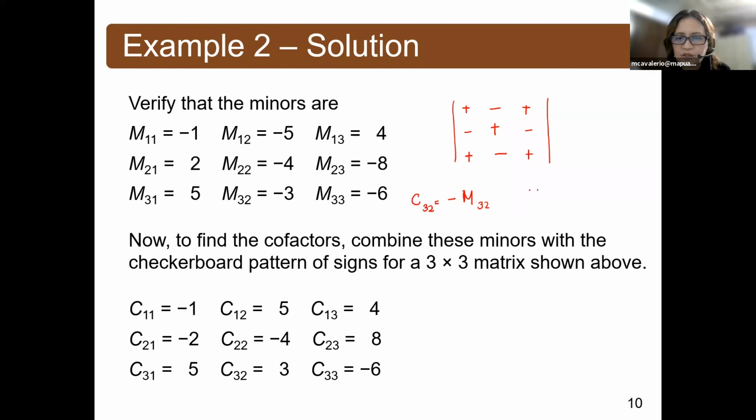And also with the cofactor of 33, that is third row, third column, this is obviously positive. So we will have positive multiplied by the minor of 33.